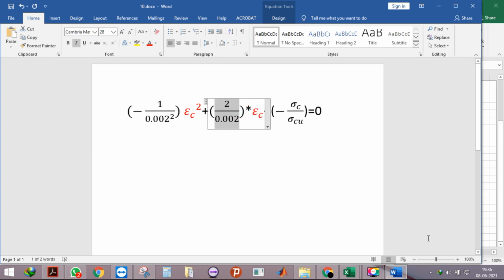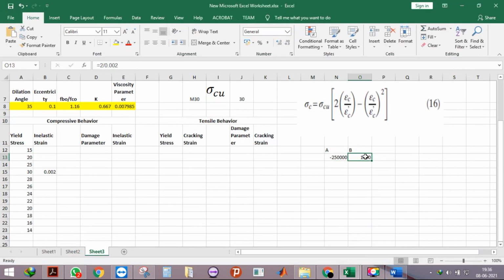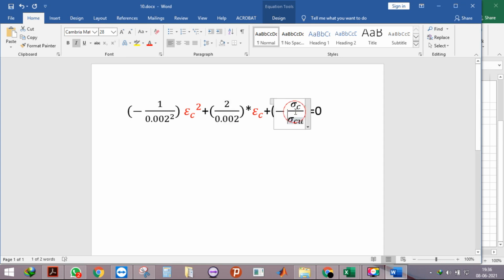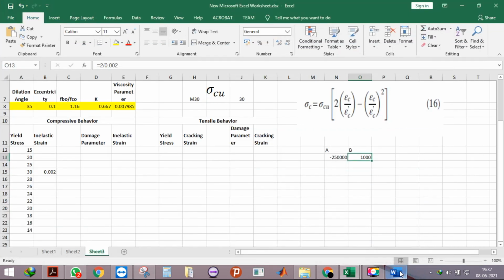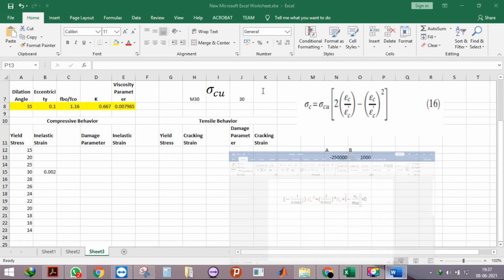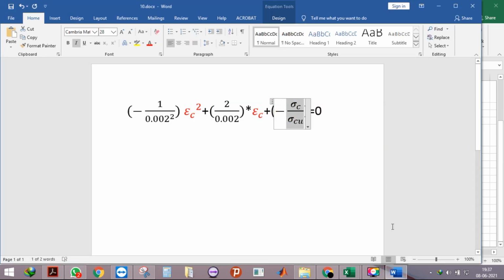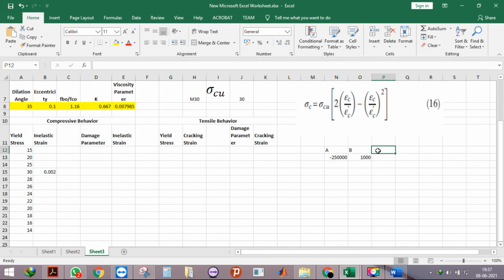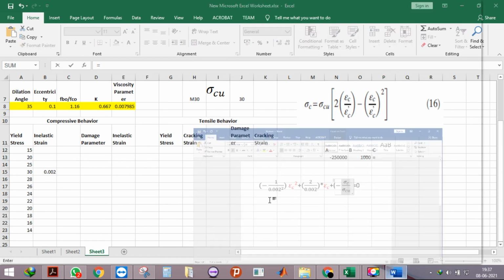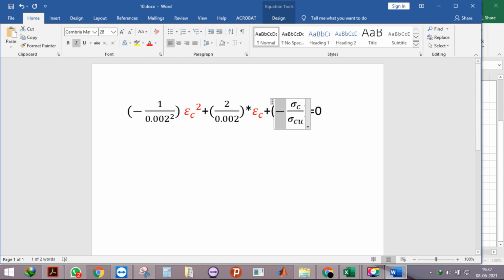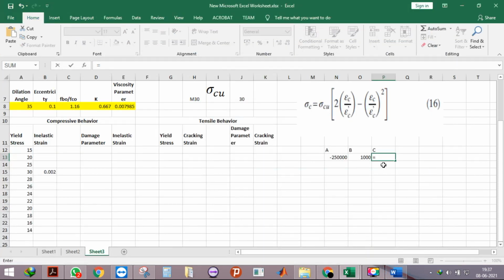So I have calculated these coefficients. Just calculate in absolute value, and these values we can calculate directly using the stress that we have. So yield stress we have to assume. First we have to assume different sigma c, and we'll have to find the stress corresponding to those sigma c.